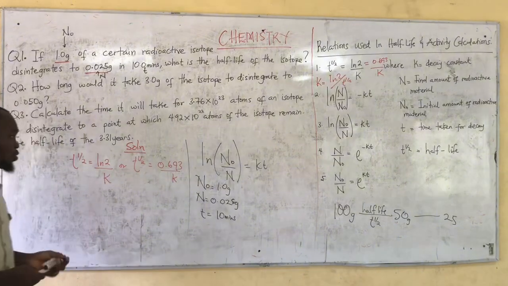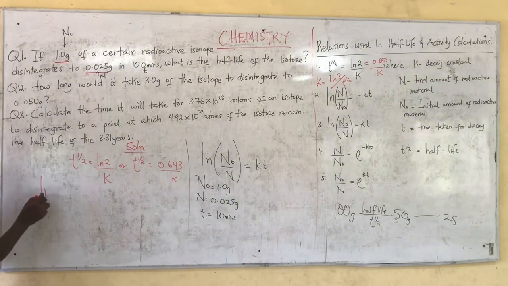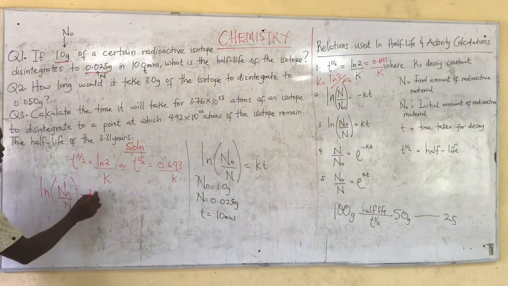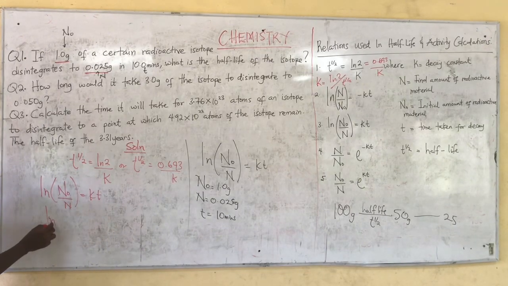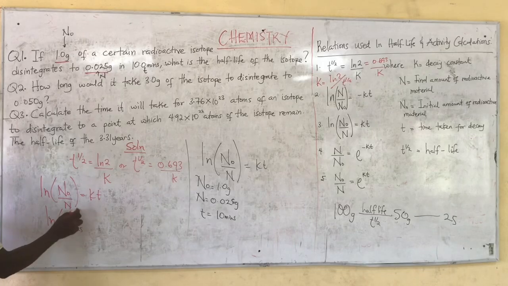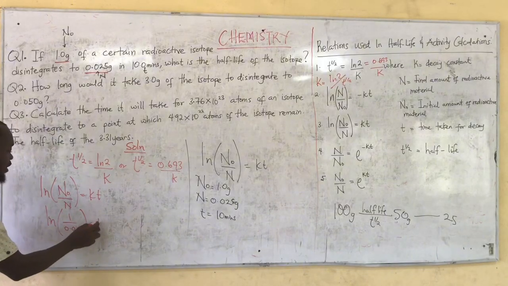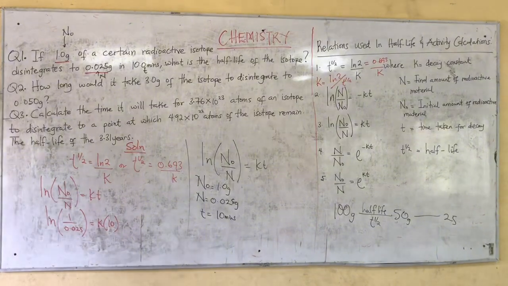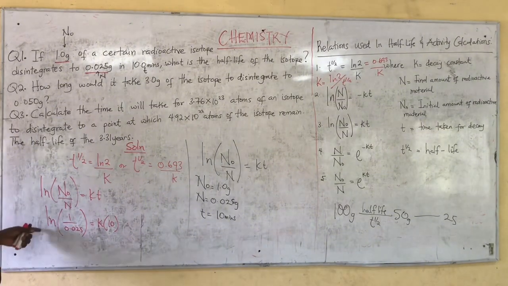Alright. So we have ln of N naught over N is equal to KT. So you are going to get ln of, in brackets, N naught is 1 divided by N, that is 0.025, bracket close, is equal to K times 10. Is that okay? So we can then punch our value on the calculator.